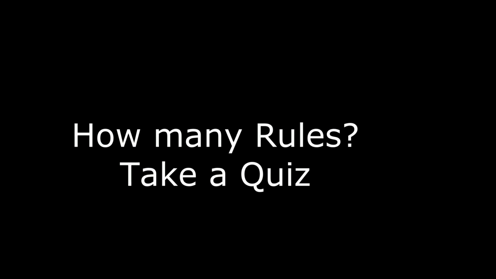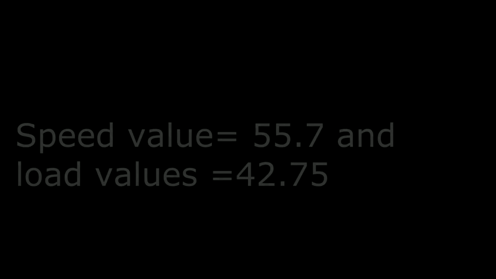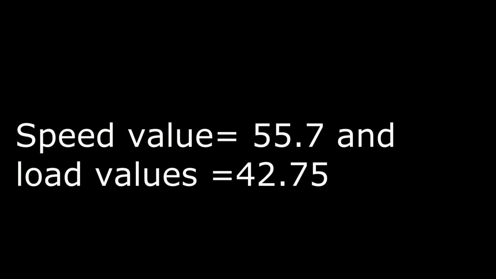Now, you tell how many rules will be formed if we choose speed value equals 55.7 and the load value equals 42.75. Again, you can use this particular graph only. So, let me give you a hint, and the rest will be for your practice.